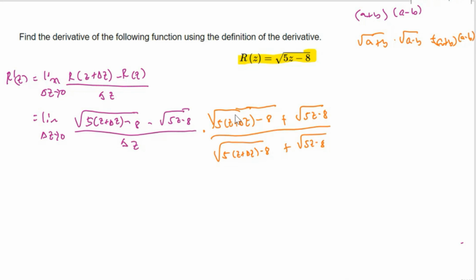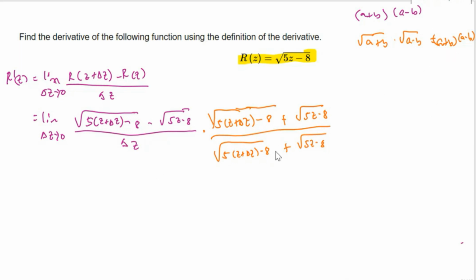This is now the product of the sum and difference of two terms, whose product will be the square of the first term minus the square of the last term. So that is a plus b times a minus b.